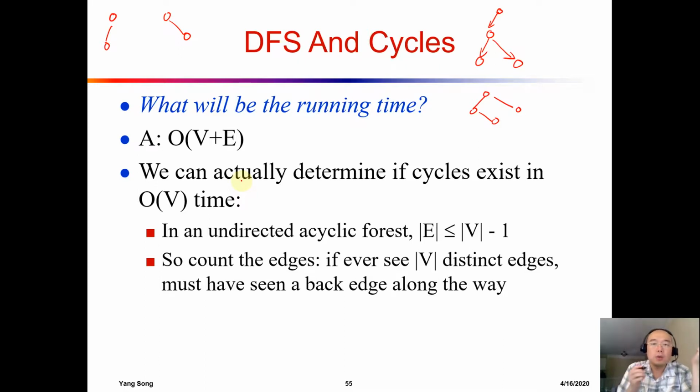In other words, if E is higher than V minus 1, it is guaranteed there will be a cycle, and our algorithm will be able to detect that. This is the reason we say that detecting cycles in a graph can be done in O(V) time.